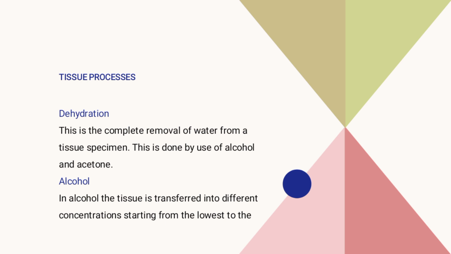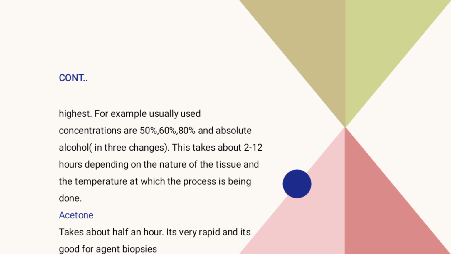To begin with alcohol, the tissue is transferred into different concentrations, starting from the lowest to the highest. For example, usually used concentrations are 50%, 60%, 80%, and absolute alcohol. And in absolute alcohol we have three changes.